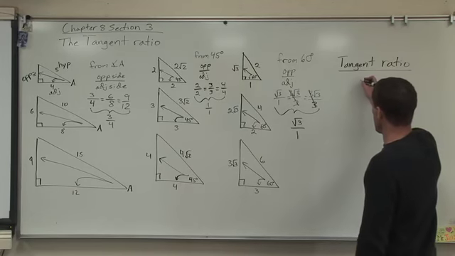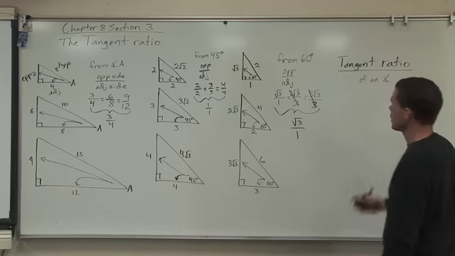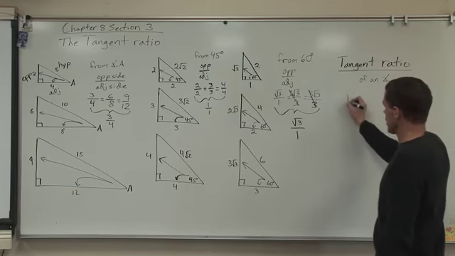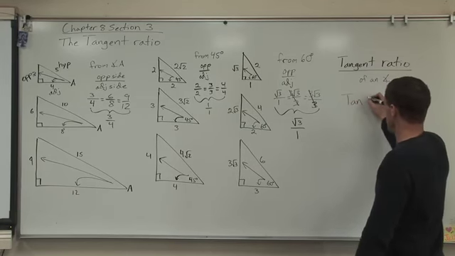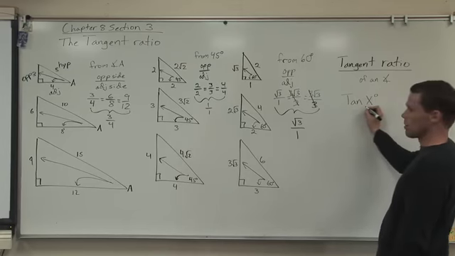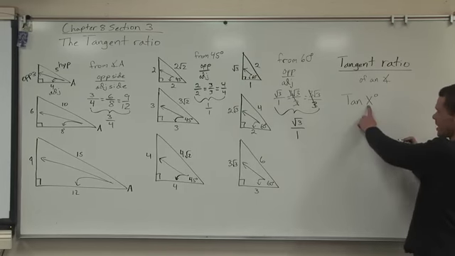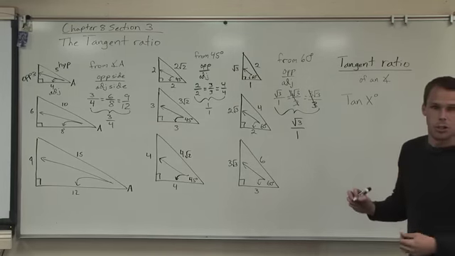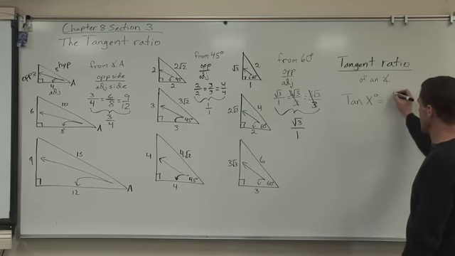The tangent ratio of an angle, the tangent of x degrees, now this is an abbreviation, and this x degrees can be anything from 0 to 90, is always equal to the opposite side divided by the adjacent side.